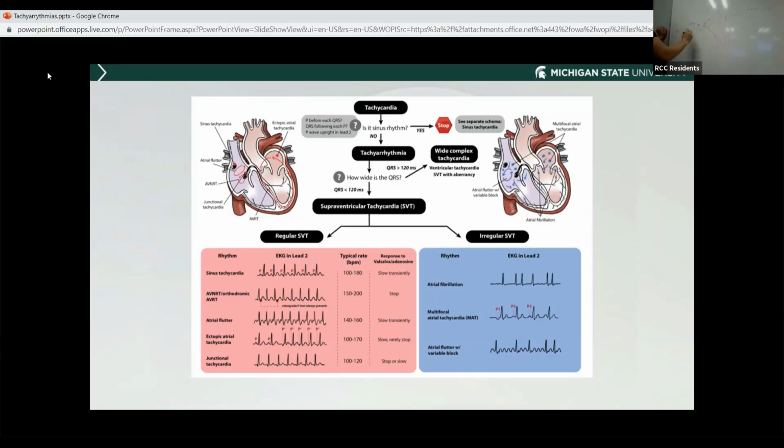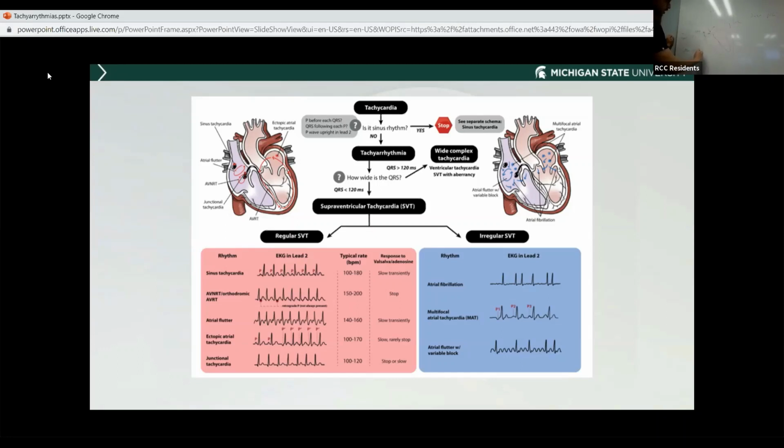And then another regular narrow complex tachycardia is atrial flutter. So if you have an atrial flutter, the focus in the atria is continuously sending impulses, but you have a fixed block.